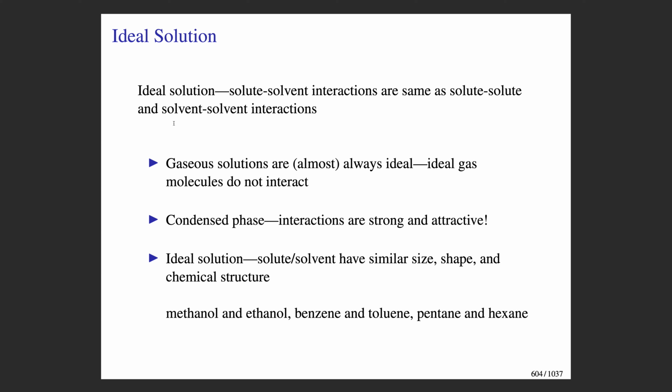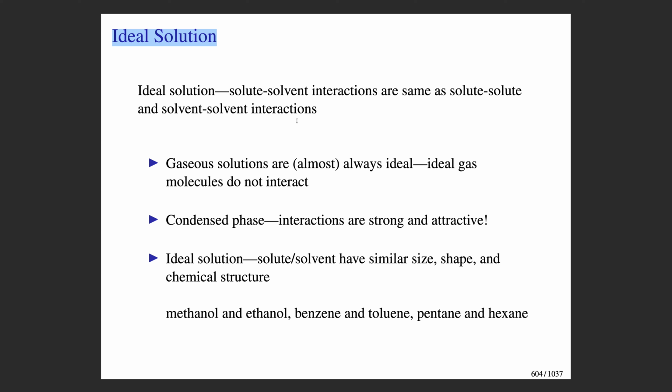We want to be careful, though, when we see the word ideal, we don't want to get confused with ideal gases. Okay, there's a big difference between an ideal solution and an ideal gas. Gaseous solutions are almost always ideal, and that's because, by definition, ideal gas molecules do not interact with one another at all.